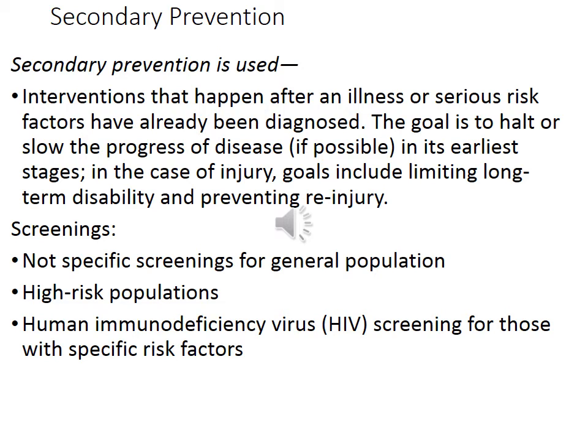Secondary prevention is used for interventions that happen after an illness or serious risk factors have already been diagnosed, and the goal is to halt or slow the progress of the disease if possible in its earliest stages. In the case of injury, goals include limiting long-term disability or just preventing re-injury.